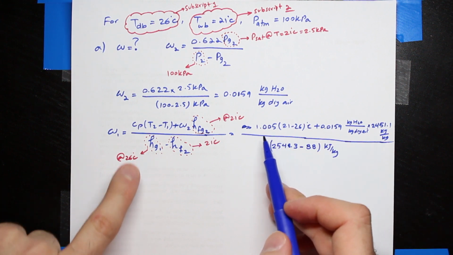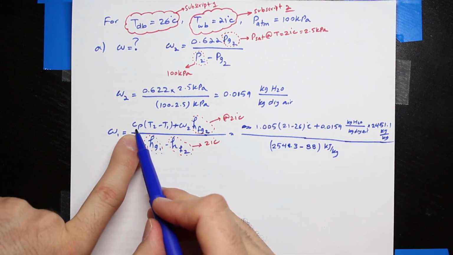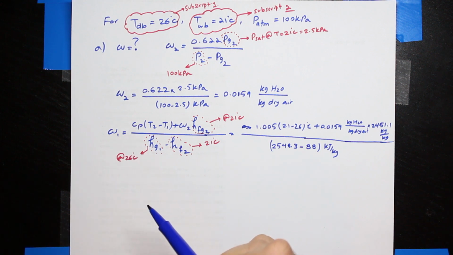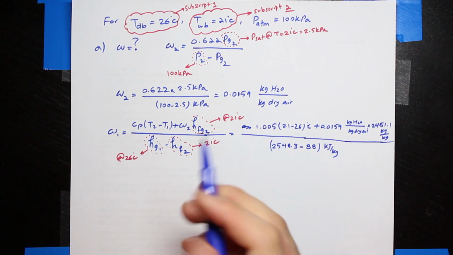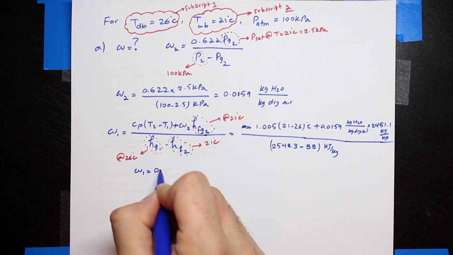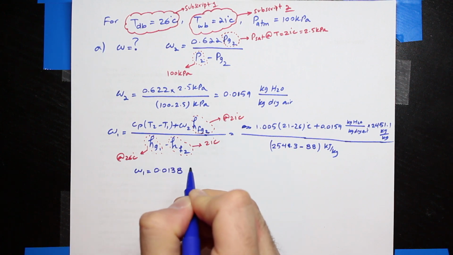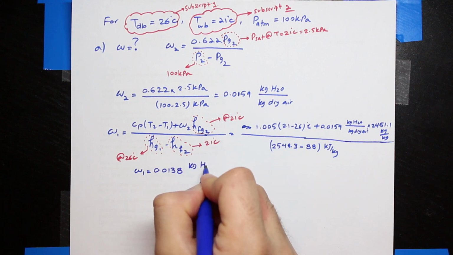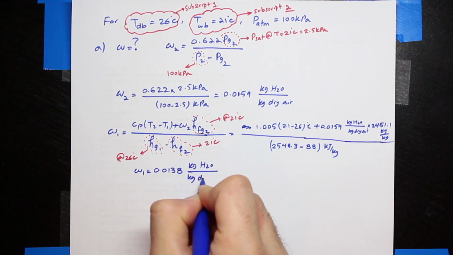All right, so this CP is the specific heat for air, which is this value. All right, so that gives you omega 1 equal to 0.0138 kilogram water vapor over a kilogram dry air.